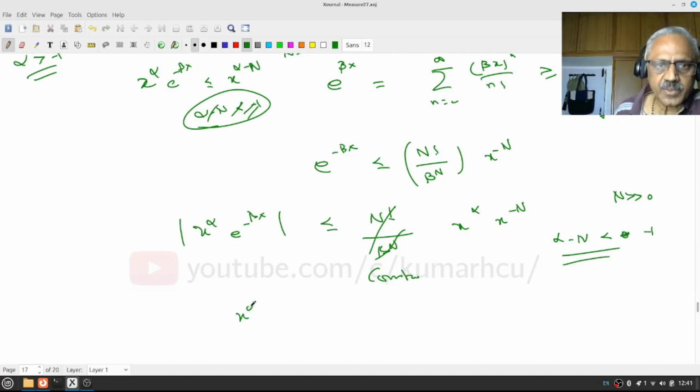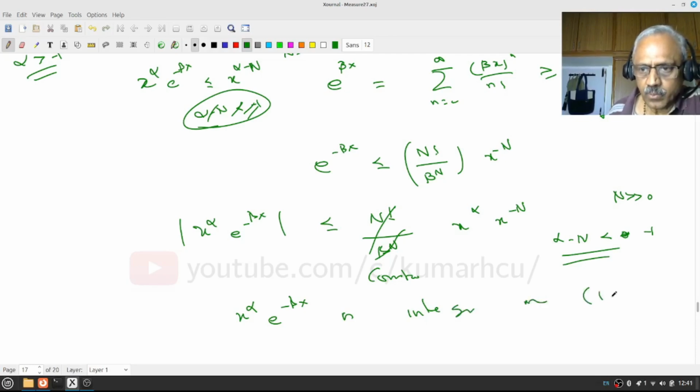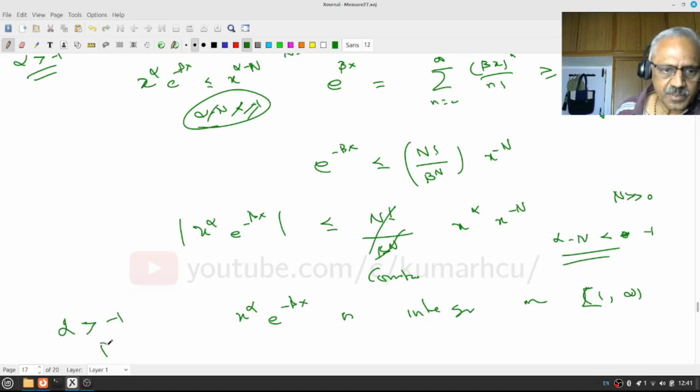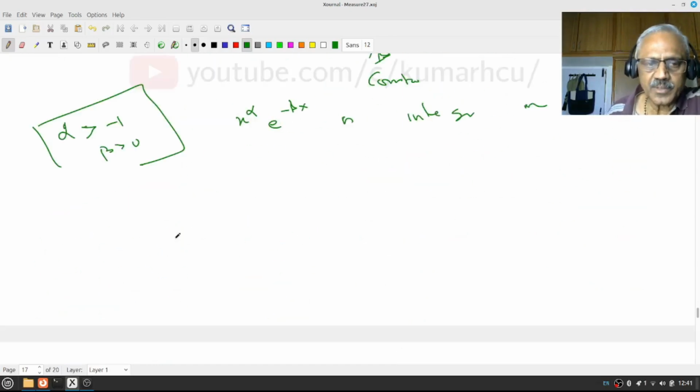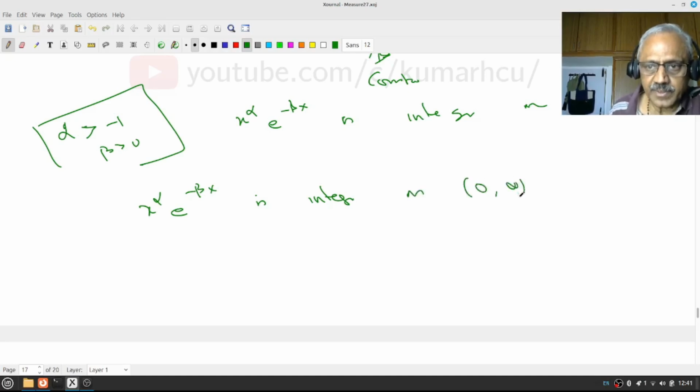Therefore x^alpha e^(-beta x) is integrable on 1 to infinity if alpha is greater than minus 1 and beta is any positive number. Therefore, what you have shown is x^alpha e^(-beta x) is integrable on 0 to infinity if alpha is greater than minus 1.